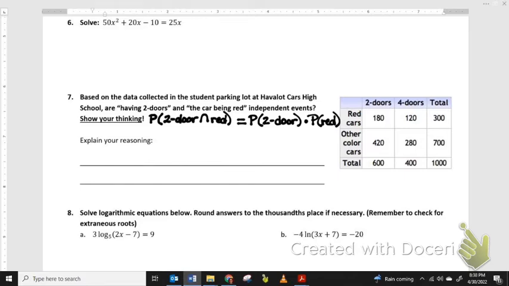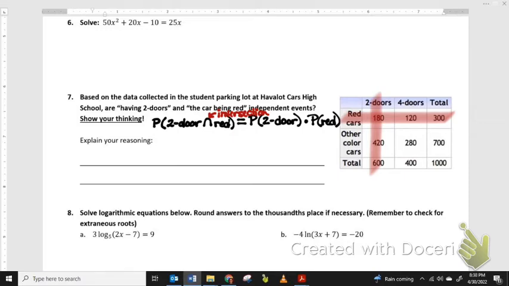So the first thing I'm going to need to find is the intersection over here. Running out of room to write my words. Intersection. So I'm looking at this table. Here's 2 doors. Here's red cars.